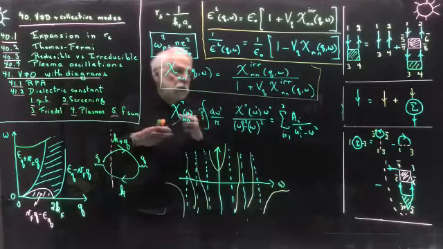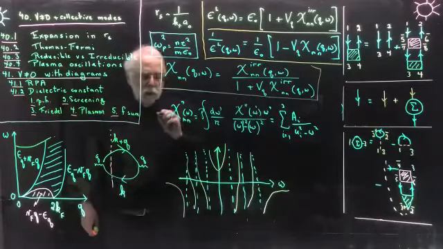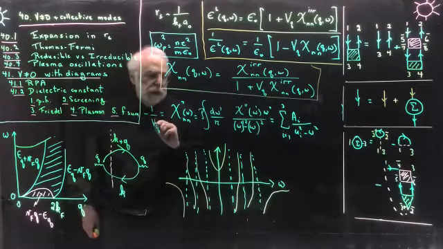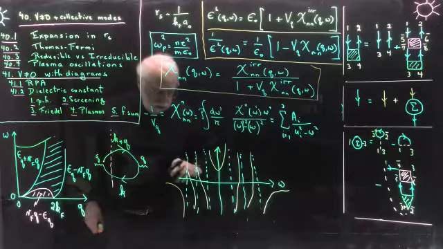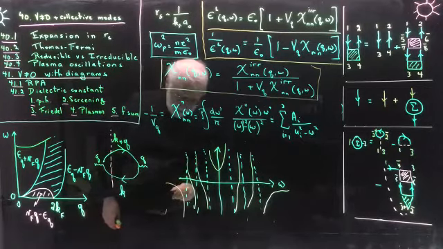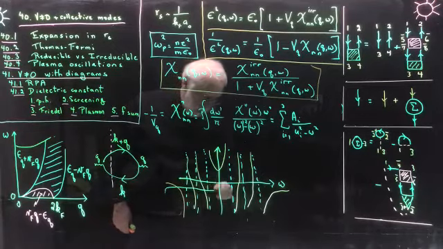And then I have to put this equal to minus 1 over V of Q to find the places where 1 plus the real part is equal to 0. So that means that I have to look at the intersection with this line here.